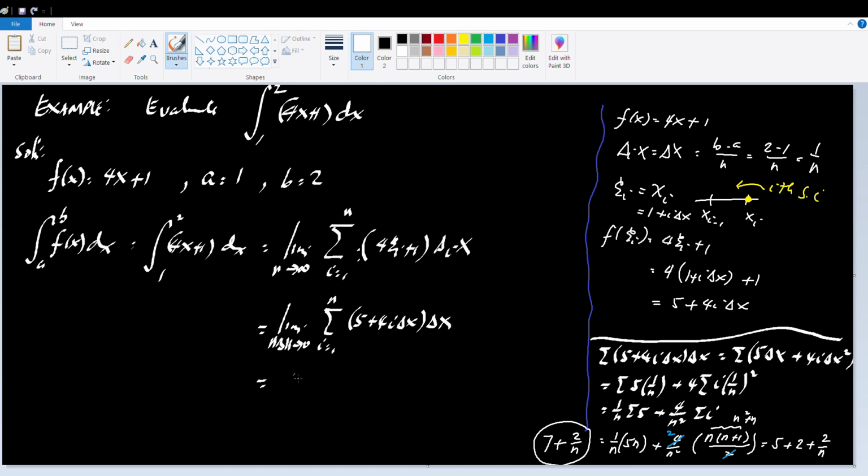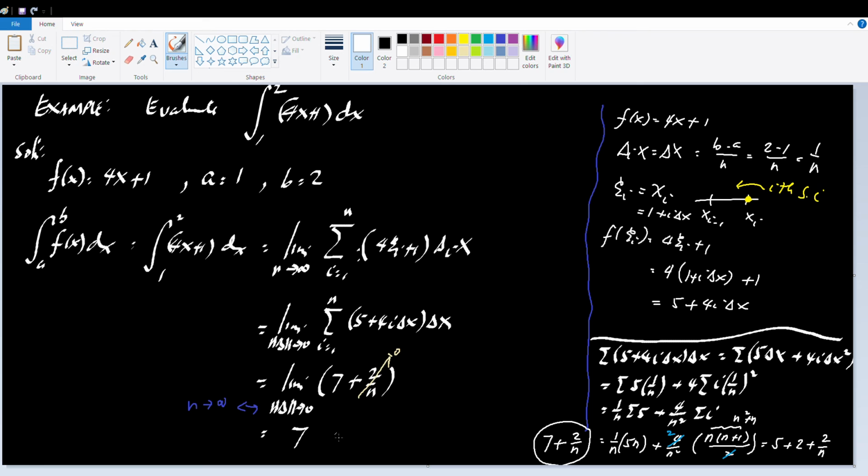Continuing here, that will be the limit of the sum 7 plus 2 over n as the norm approaches 0. So it's similar to, as I have said earlier, this is the same as n increasing without bound, no? For regular partitioning. So this one will approach 0. So our final answer then would be the limit of 7, which is 7.